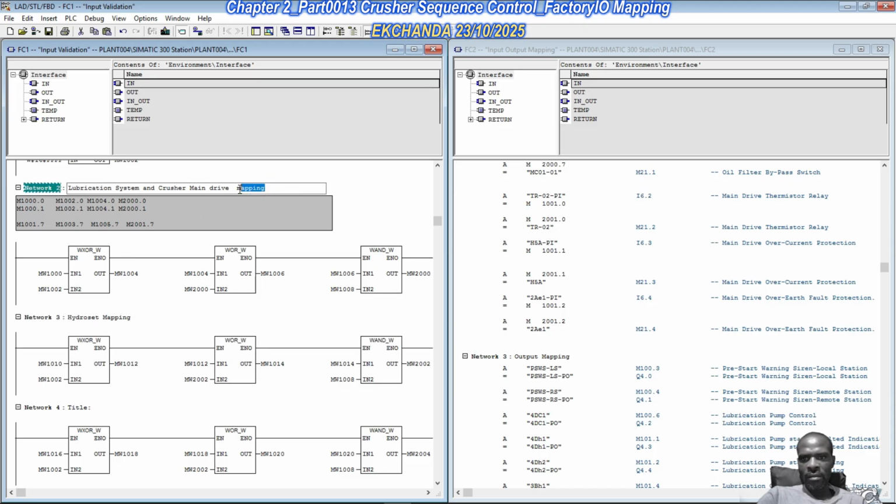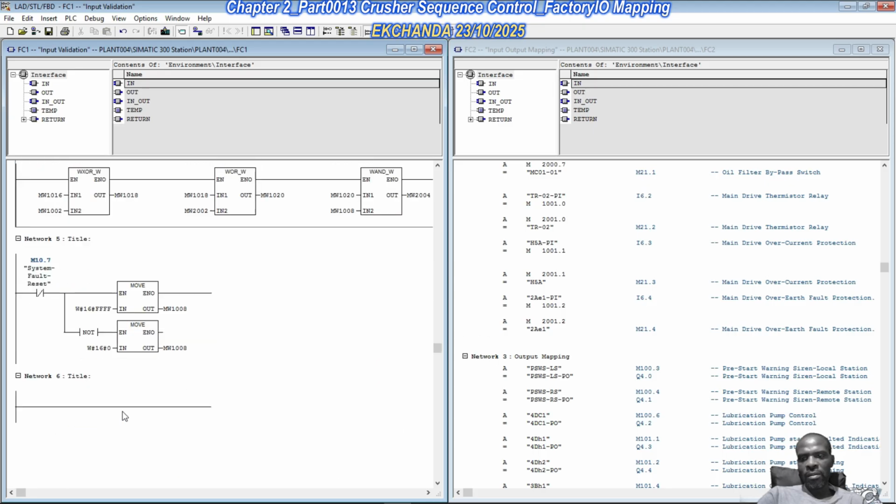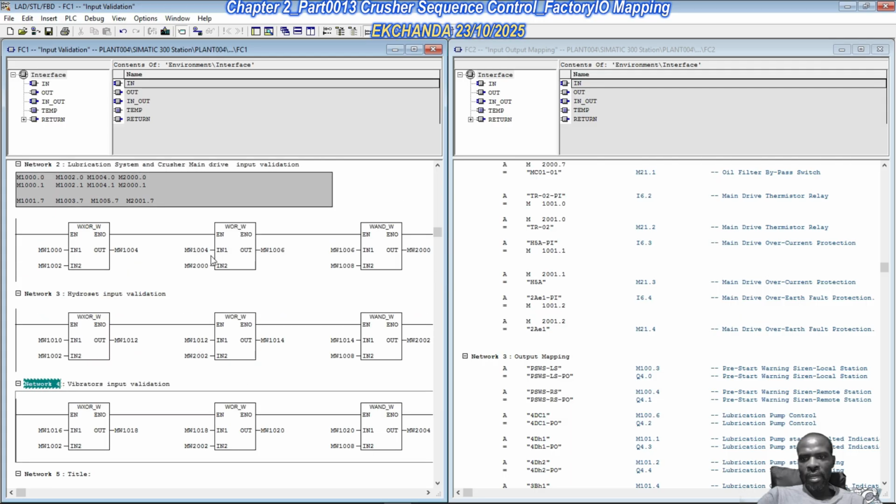Or we can say input validation. So I've got hydroset input validation, and then we've got vibrator input validation. So now we have these.